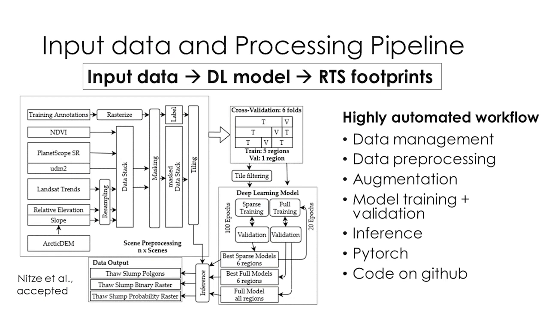And all that is implemented in Python based on PyTorch and many packages which are working with that. And the code is on GitHub. So you will have a link to that later on so that you can also use the code, improve it, and create your own models, improve models, and run the entire processing.